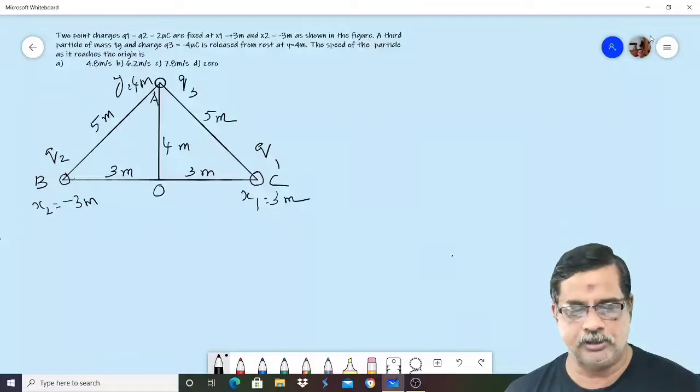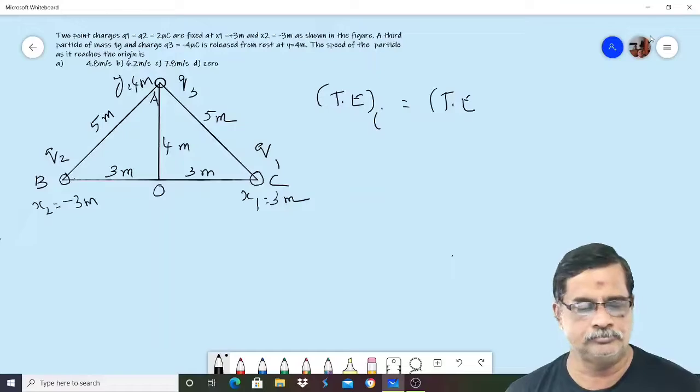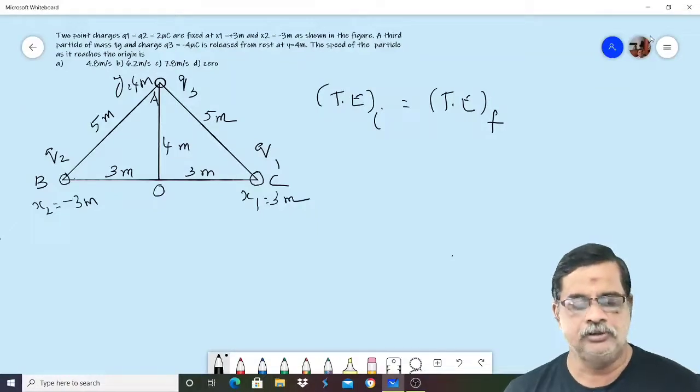So let us write down the conservation of energy, that is, total energy initial should be equal to total energy final. Now let us write the total energy of the system. Initially the particle was released from A at rest, so its initial kinetic energy is 0. So initially the entire energy of the system is potential.